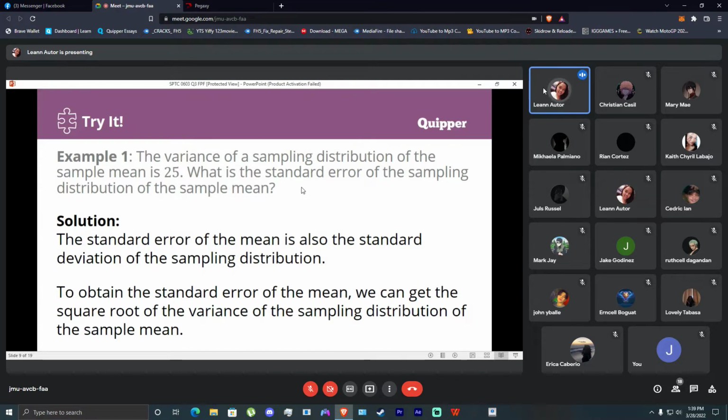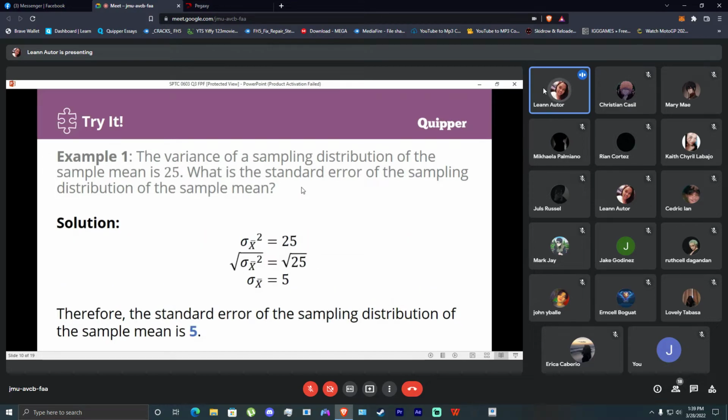What is the square root of 25? 5. So that is the standard error of the sampling distribution of the sample mean, if the problem given is the same as this one.